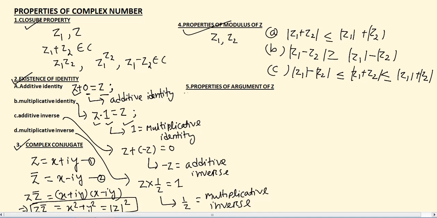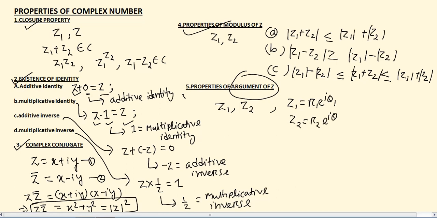The next one is argument of z. Let us consider two complex numbers z1 and z2 in polar form. So we can write z1 equal to r1 e to the power i theta 1, z2 equal to r2 e to the power i theta 2.